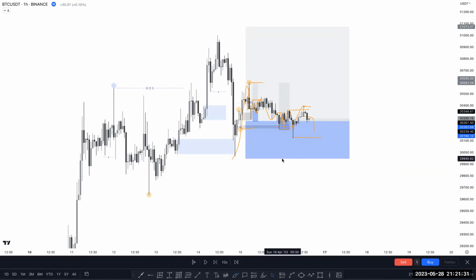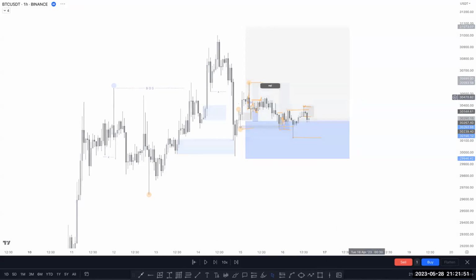So first of all, delete this one, because this is an internal structure, and you have to play both sides of probability. First one is here. Now again, you have to switch here to the 5-minute time frame.